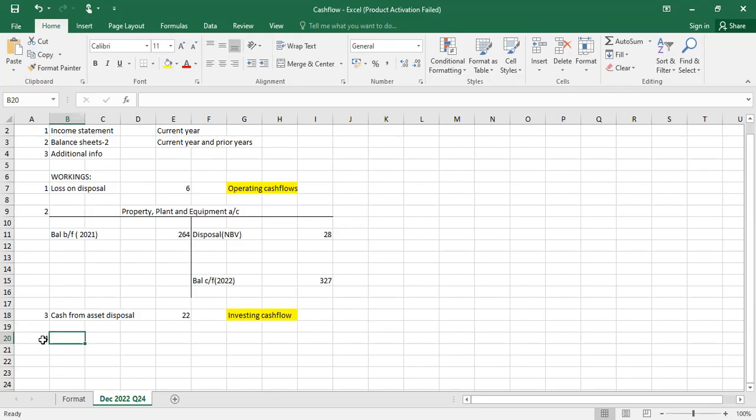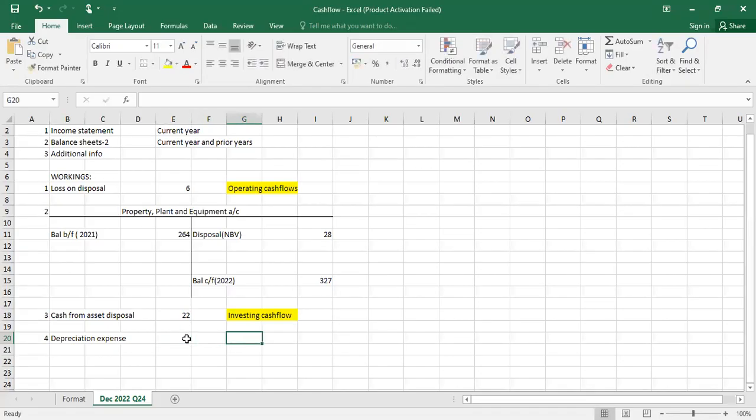When you look at note number 2, we are told that depreciation charge for this year amounted to 43 million. So that's also needed for the statement of cash flow. And so I'll say that we have depreciation expense, which again, remember, if a question does not provide directly, like this has been provided here, then you must compute it.